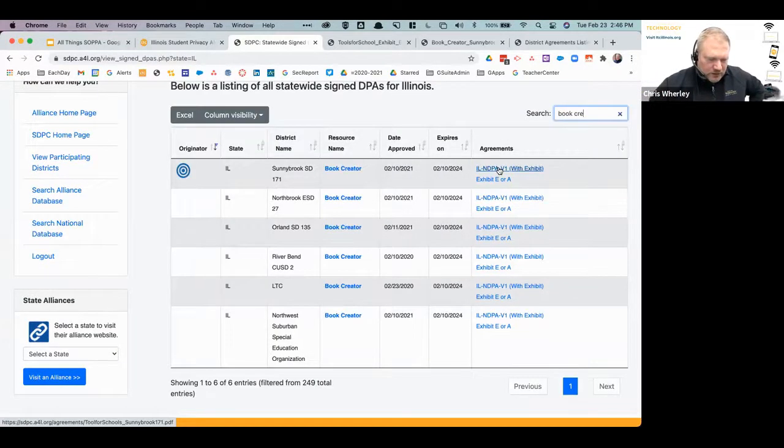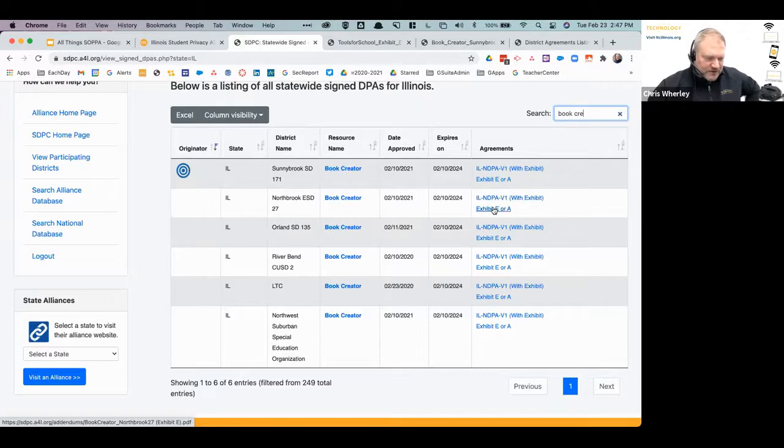If you look in the lower left-hand corner, the name of this document is Tools for Schools, Sunnybrook, and this is Exhibit E for Tools for Schools. And then if I look at Northbrook's file for the link in the top one, that's going to be the originating agreement by Sunnybrook. So that's going to be Tools for Schools, Sunnybrook.